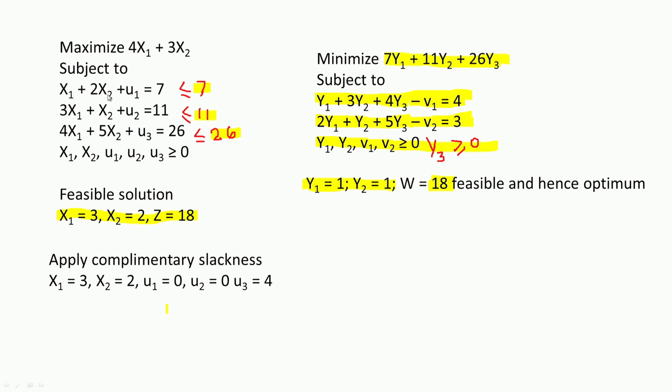So 3 plus 4 is 7, plus u1 is equal to 7, therefore u1 is equal to 0. 3 into 3 is 9 plus 2 is equal to 11, therefore u2 is equal to 0. Now 3 into 4 is 12 plus 5 into 2 is 10, that is 22, therefore u3 is equal to 4.